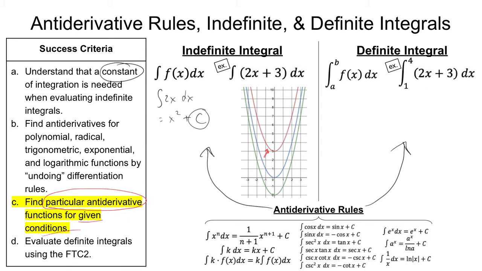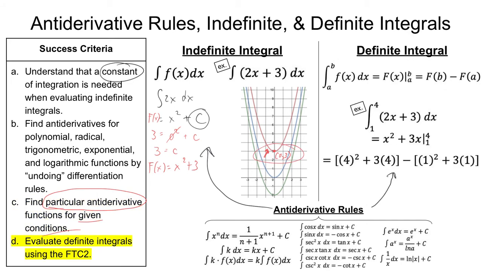For example, if we were given (0, 3) as a coordinate pair, since this is the antiderivative function, we could plug in 3 as the y value and 0 squared, find that c is equal to 3, and find that the particular antiderivative function is x squared plus 3 using that initial or given condition.